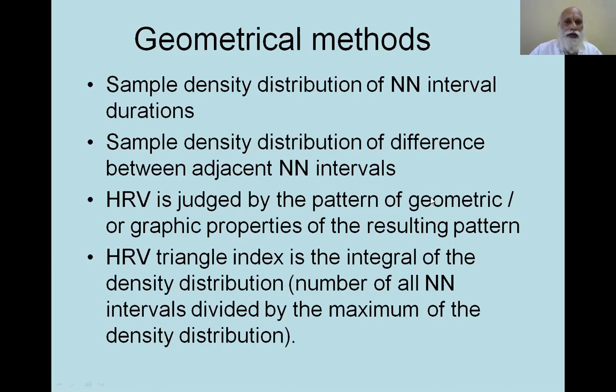HRV is judged by the geometric or graphic properties of the resulting pattern, usually a triangle shape. So the HRV triangle index is the integral of the density distribution, that means the number of all NN intervals divided by the maximum of the density distribution. At one point the distribution is maximum. So, total number divided by the maximum density distribution.